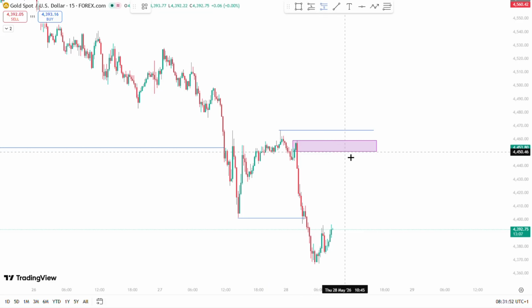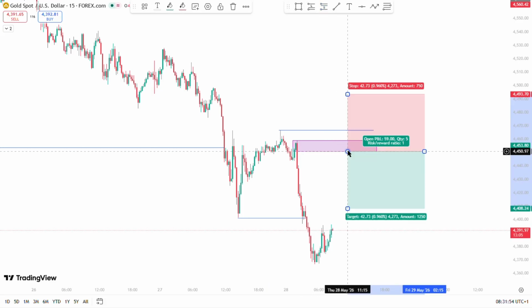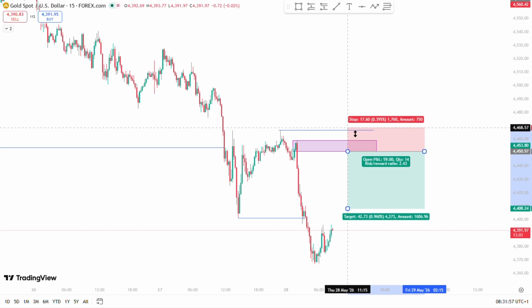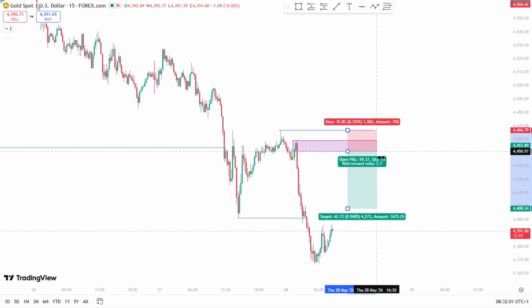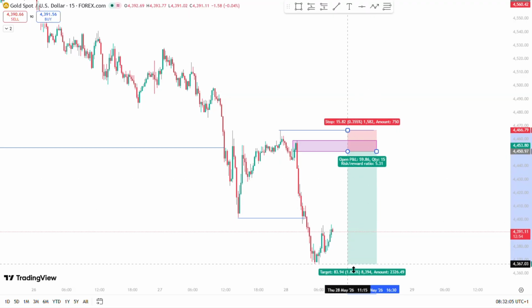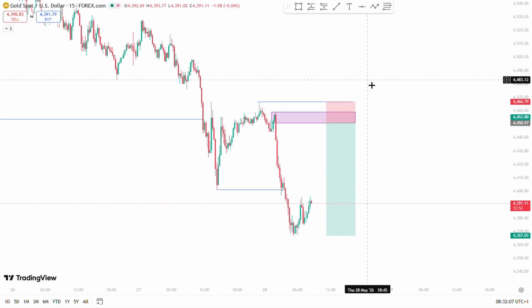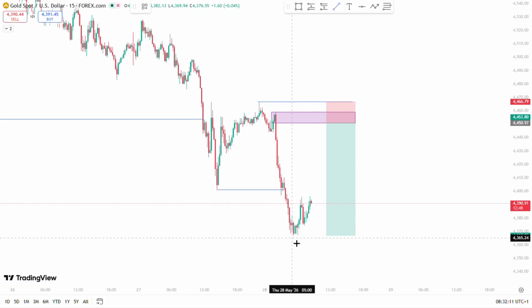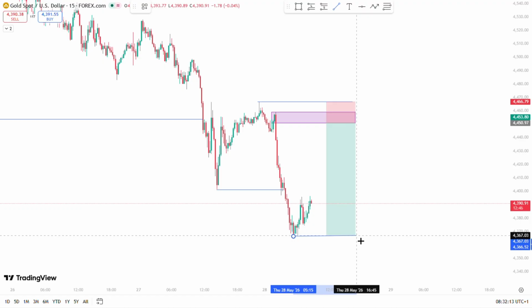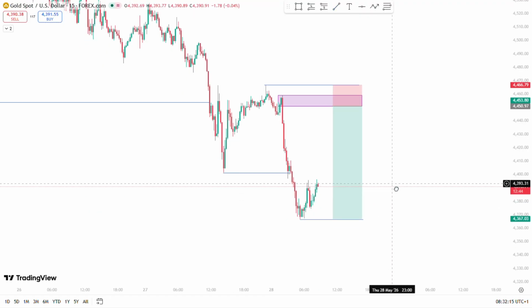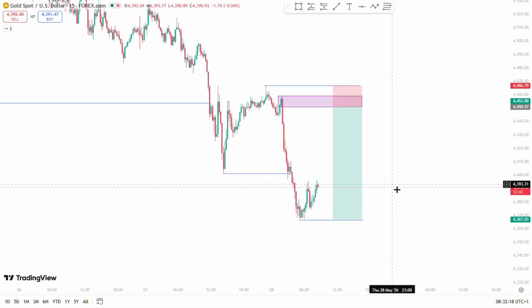So if I'm looking to sell gold, I'll be looking to sell gold from this zone, my SL over here, then my TP at the structural low. As easy as that. So this will be my analysis on XAUUSD, which happens to be gold.